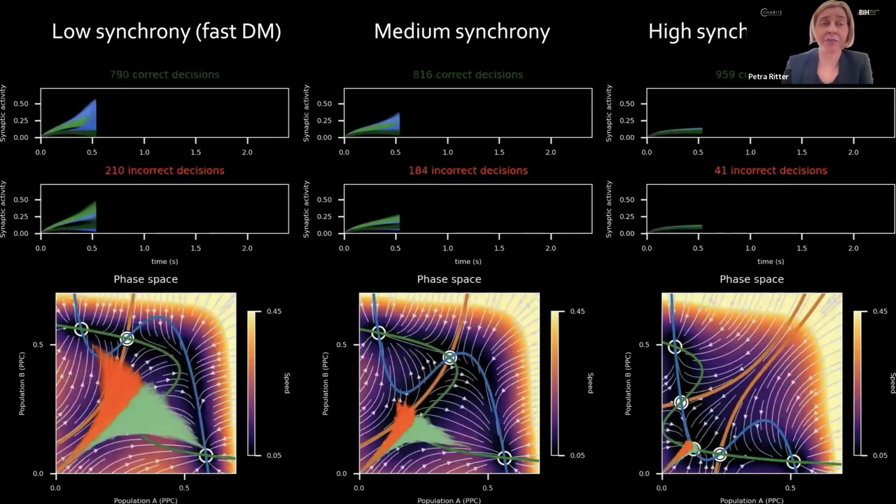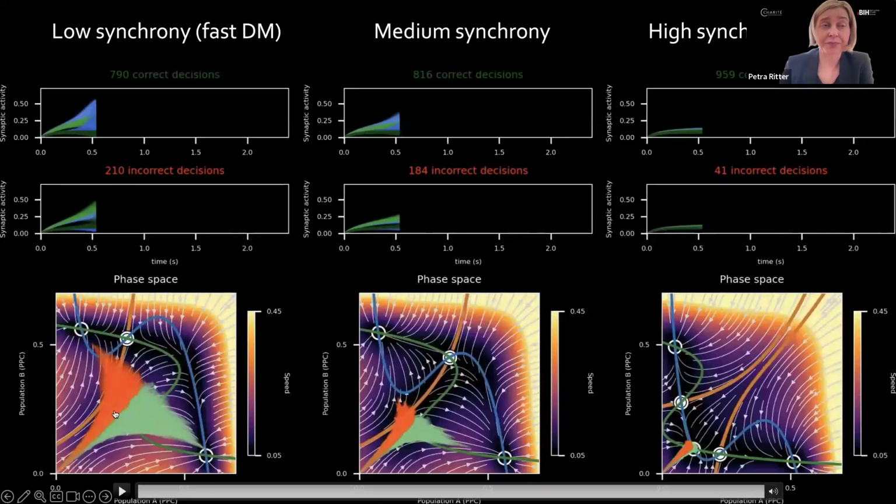And we see now that when we start our simulation, we color the trajectories of the different simulations according to where the decision has been taken. Either for A, then the trajectories are colored in green, or the system ends up in B, decision B, then the trajectories are colored in red.